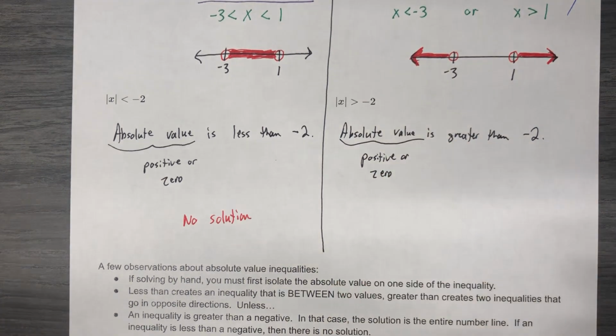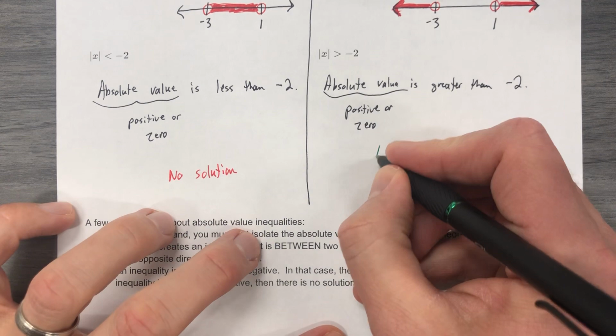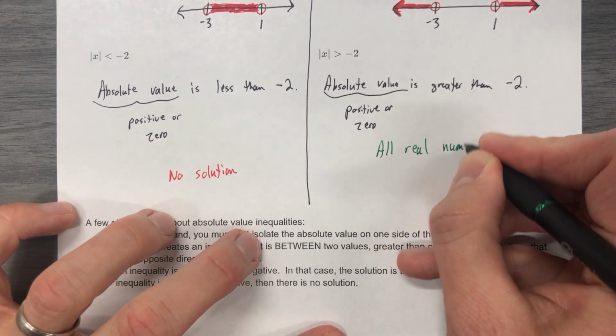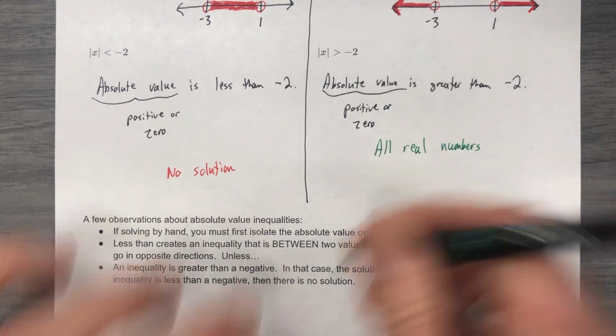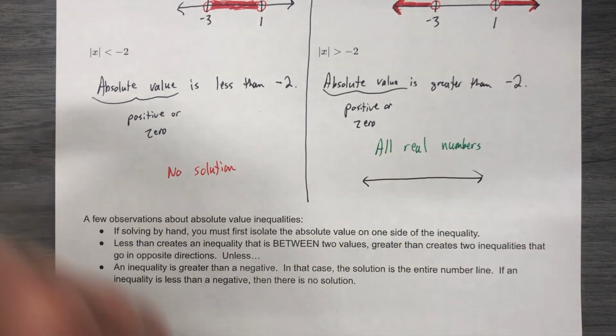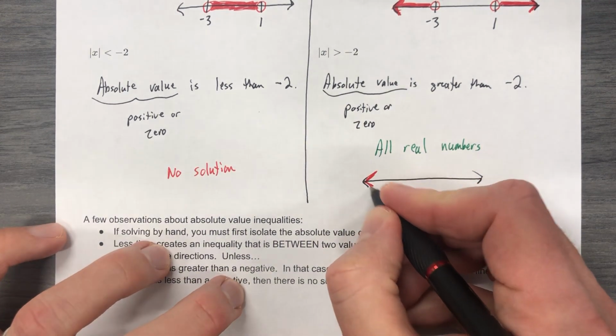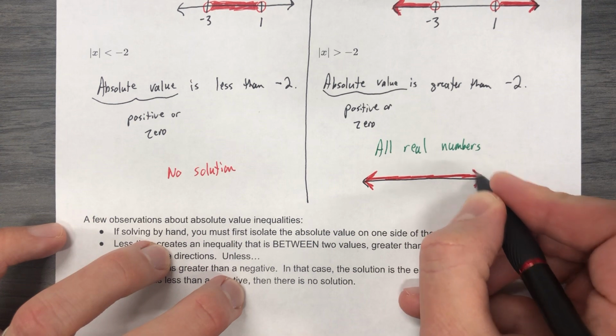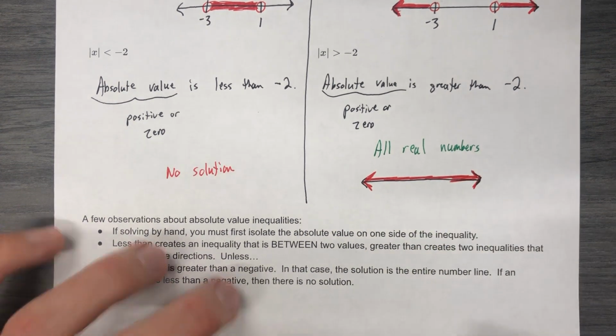Any number. So the final answer for this one, we're going to stick with our color scheme, would be all real numbers. X could be anything, and then, to get really technical about it, that's it. Shade the whole number line.